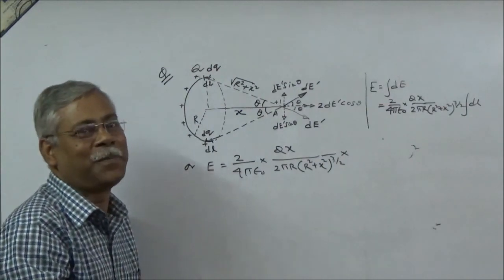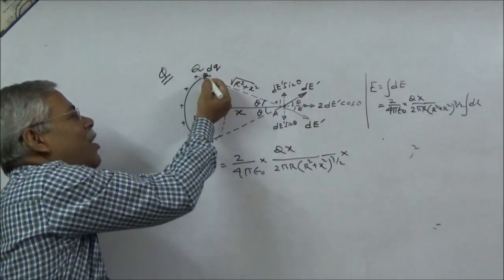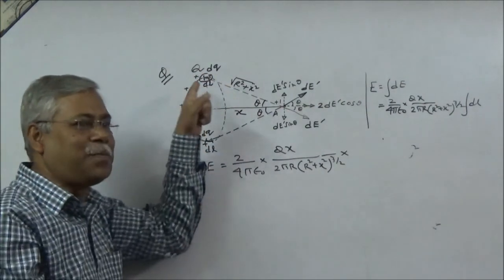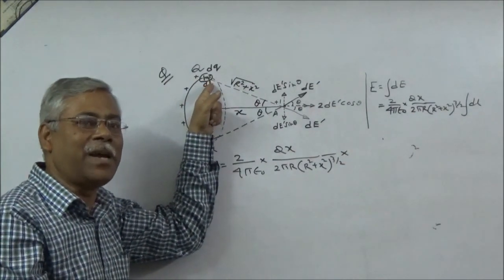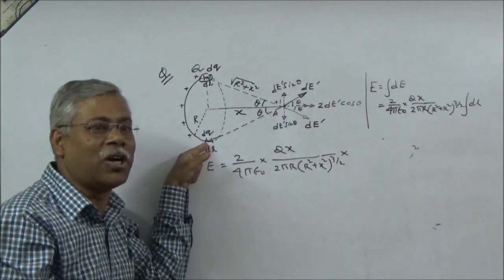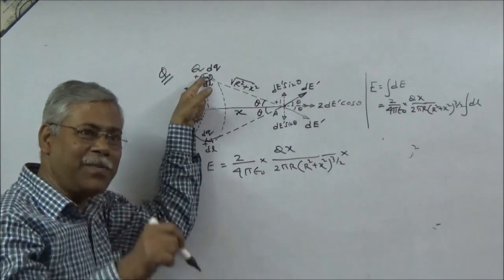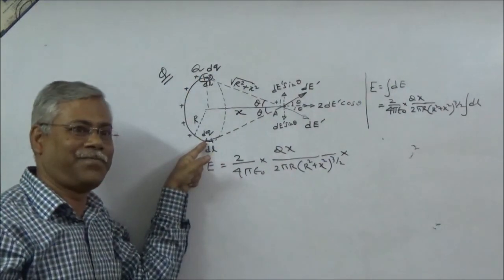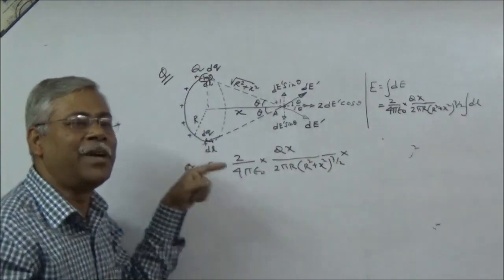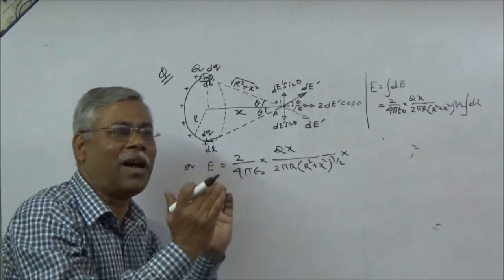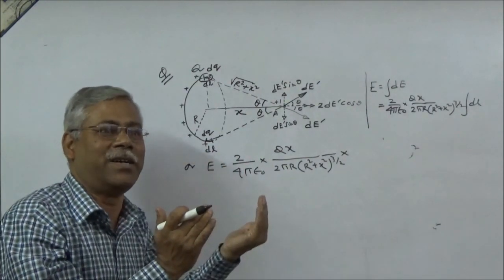Counterpart method. I am using counterpart. Counterpart means whenever you are considering this particular element, at the same time, are you considering this one or not? Whenever you are considering this, at the same time you are considering this. So if you just consider half of the ring, then automatically the other half will be considered.